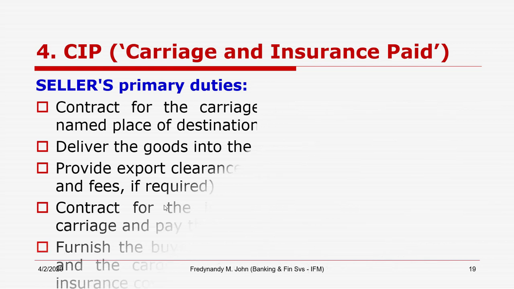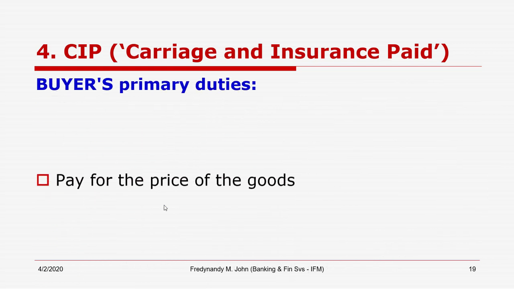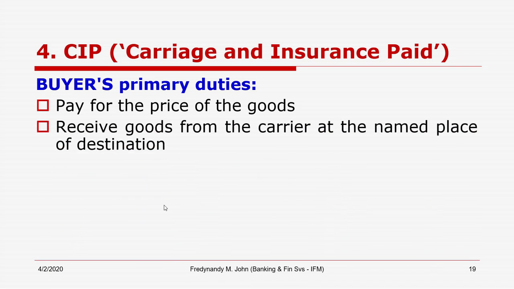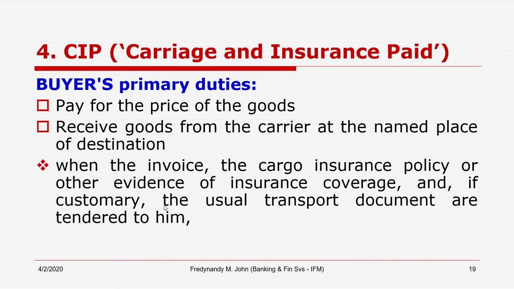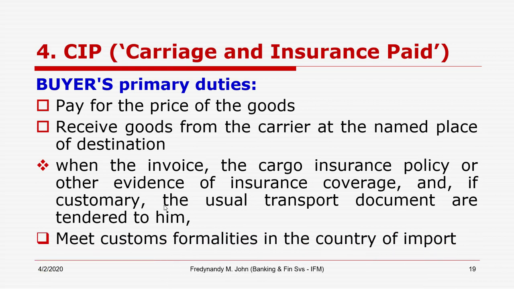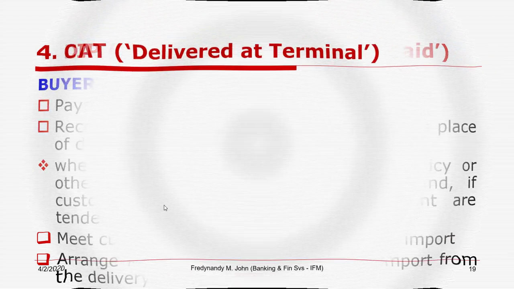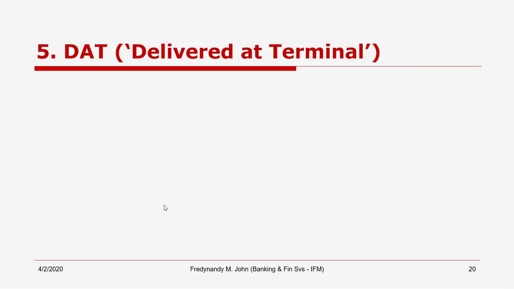Remember, under the Incoterm CPT, insurance was paid by the buyer, but in this Incoterm CIP, insurance will be paid by the seller. That is to say, now the duties of the buyer will be only to pay for the goods as invoiced, and then collect the goods in the country of destination or the country of import, and afterwards meet custom formalities in the country of import, and arrange for carriage in the country of import for the goods from the delivery point to his warehouse. The next Incoterm is delivered at terminal, abbreviated as DAT.